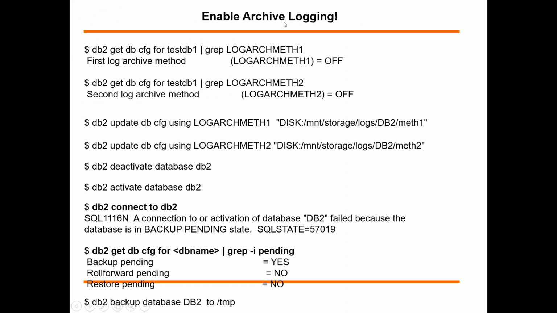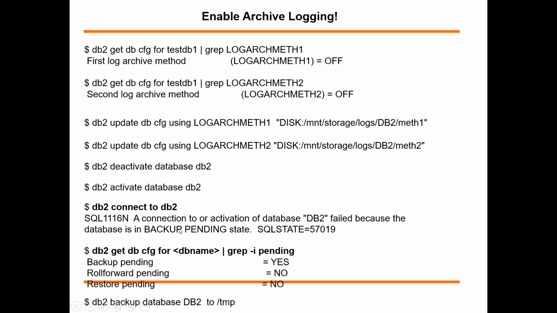So, how do I update this archive logging? It's very simple, same update statement again. db2 update database configuration using logarchmeth1, logarchmeth2. Then you have to deactivate the database and activate the database. Since I have changed a very important parameter, it will push me for a backup.